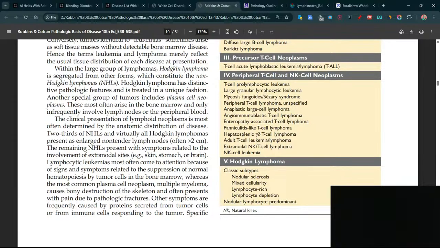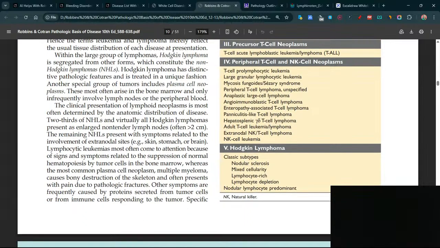According to what we saw earlier, we have seen two things. The first is the difference between leukemia and lymphoma. Leukemia primarily involves bone marrow and peripheral blood, but lymphoma primarily presents as discrete tissue masses or tumors in nodes or organs.